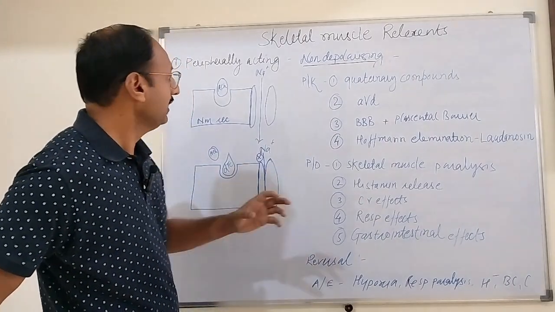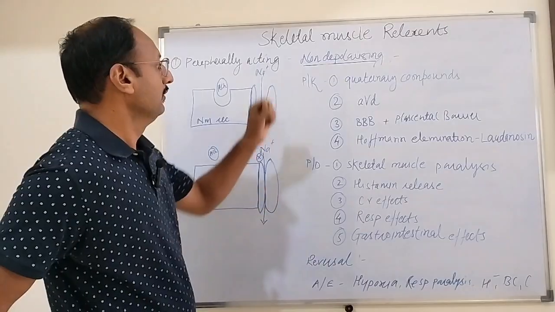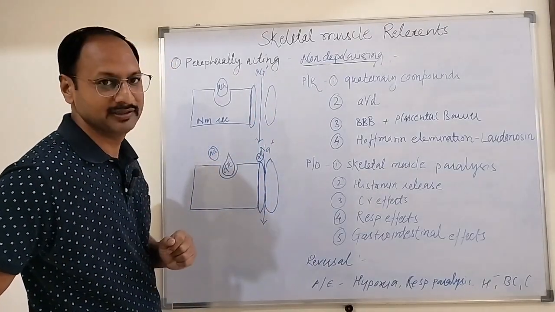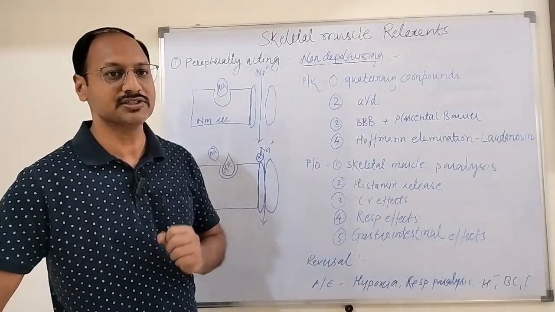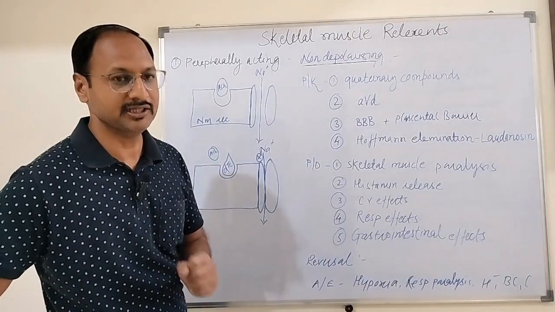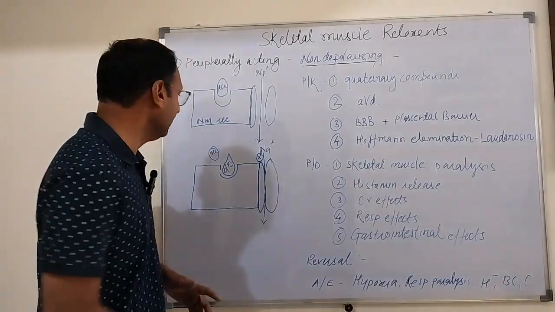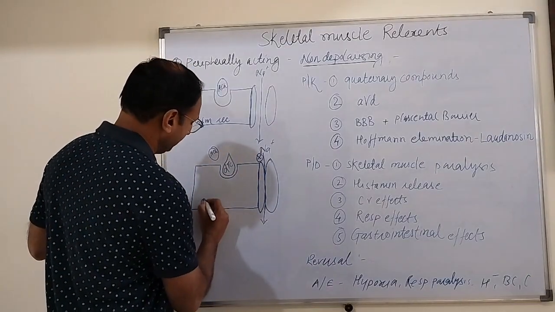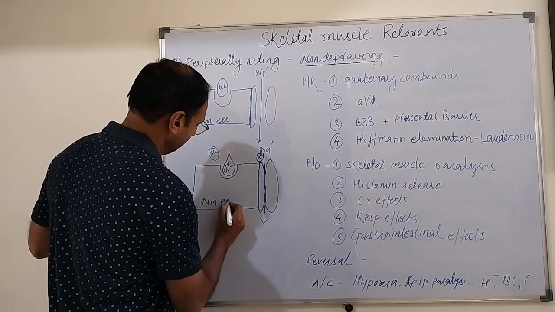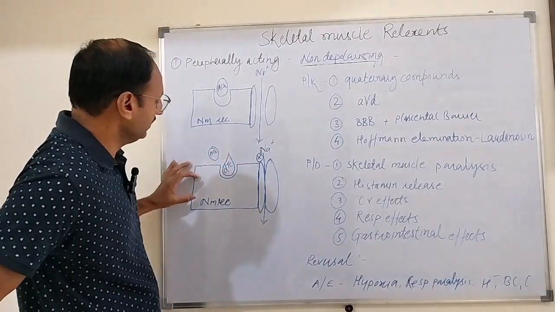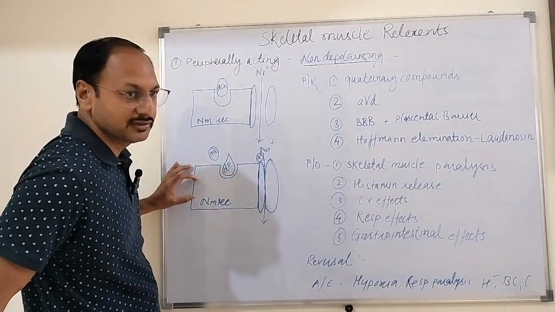But what happens if we give a non-depolarizing skeletal muscle relaxant like D-tubocurarine? D-tubocurarine has affinity but does not have intrinsic activity, which means it binds with these NM receptors.